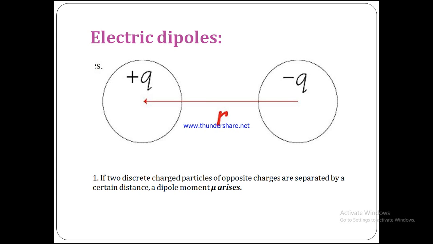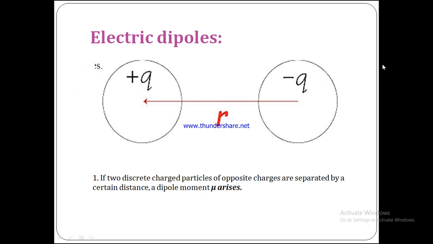Where the positive charge is considered on the left-hand side and the negative charge on the right-hand side, with a small distance r, this situation we call electrical dipoles. Let us suppose over here one end is the net positive end, and the other is the net negative end.